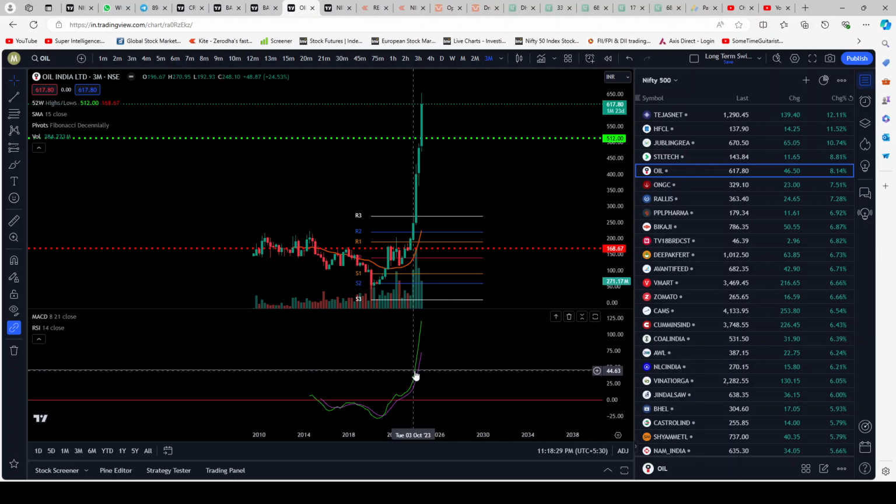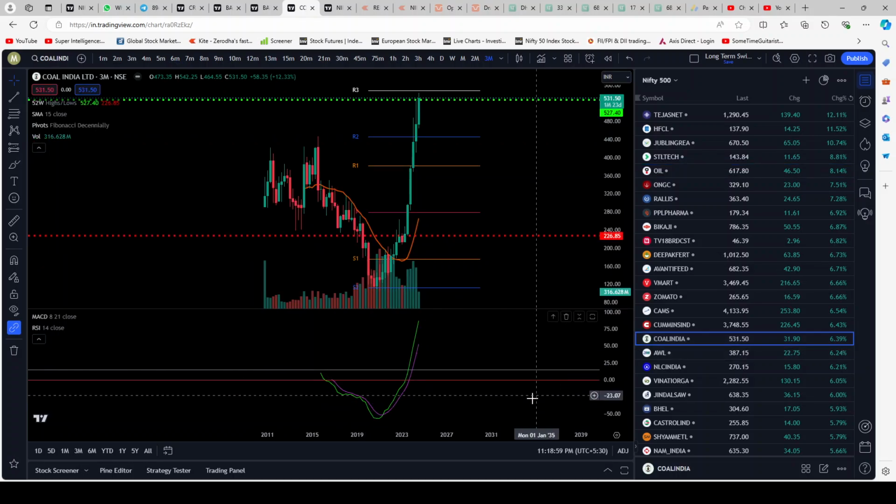And the best part is it crosses with the R3 breaking out at about 270 rupees. It breaks out and then it's crossed 600 rupees. So almost 160, 170% in a year's time. Not bad at all. This is one of those great exceptions where RSI 50% and R3 on the Fibonacci are breaking at the same time.